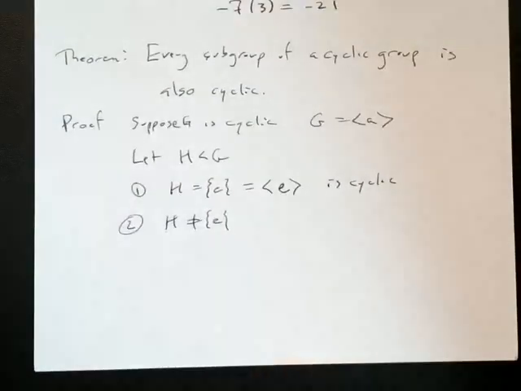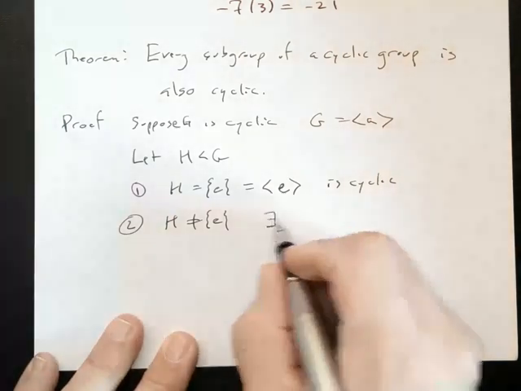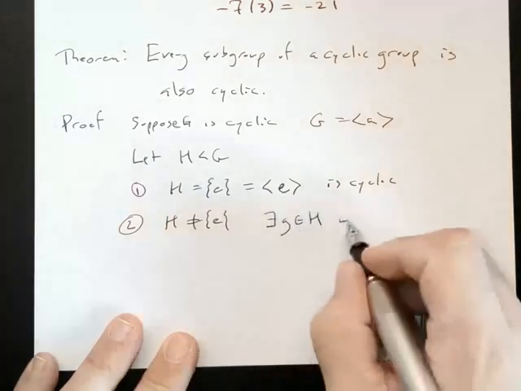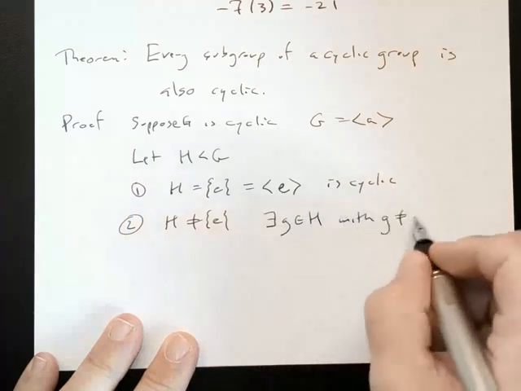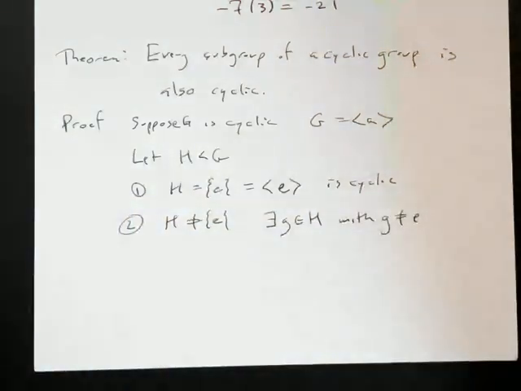So let's suppose that we have things other than the identity in there. Well, that means there's some G in here that's not the identity. What do I know about this element?